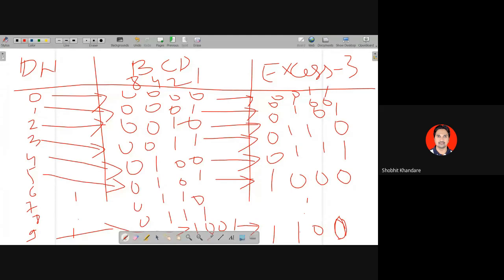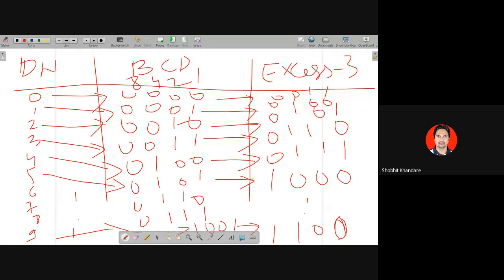That is why excess 3 is a non-weighted code. It doesn't follow the 1 2 4 8 code. We are just adding 0 0 1 1 to the BCD number or its corresponding decimal number to get excess 3. That is why it is called excess 3. Okay, so that is the explanation.